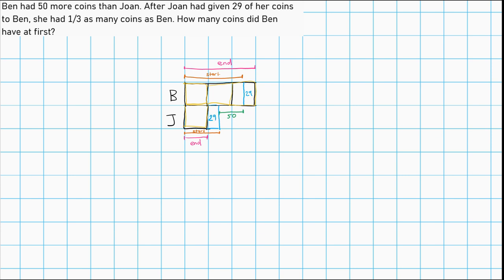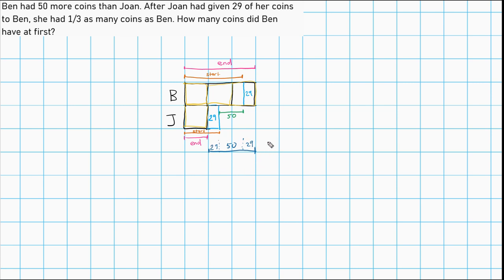So let's have a look. What can we draw? From here to here we have got 29. From there we've got 50, and we've got 29.